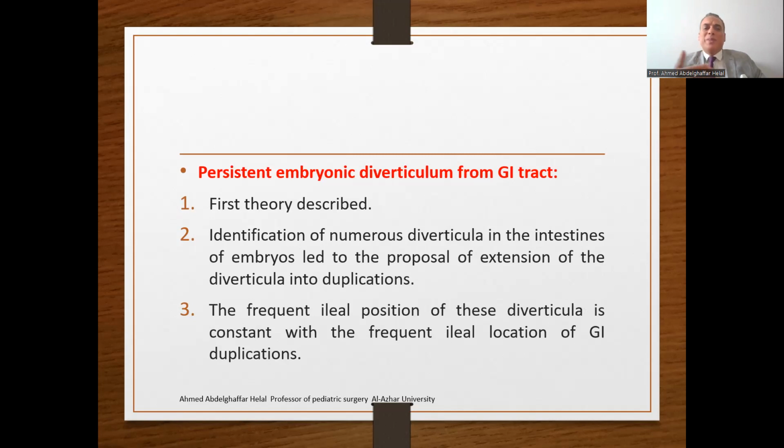These diverticula may persist and form gastrointestinal tract duplication. The frequent ileal position of these diverticula is consistent with the frequent ileal location of the gastrointestinal duplication. So there is a relation between the presence of the diverticula in the ileal part of the intestine of the embryo, and also the frequent presence of the gastrointestinal tract duplication related to the ileum.